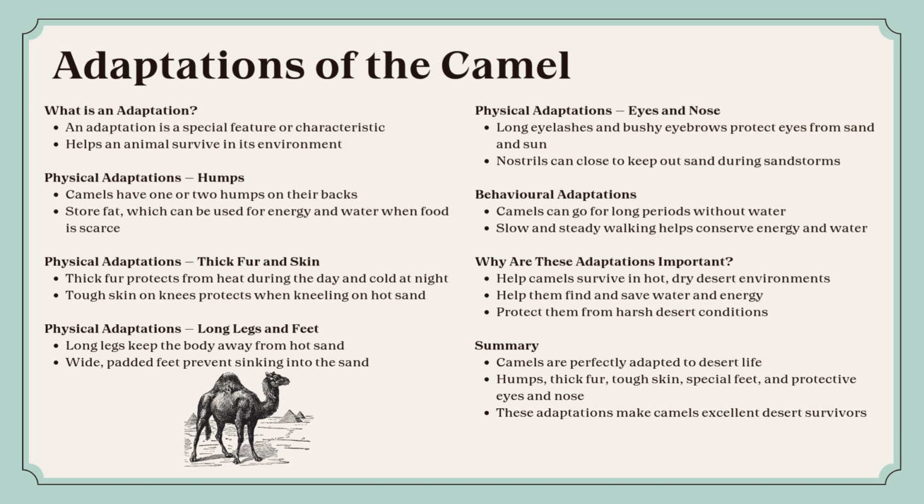A camel can go without water for days, even weeks. They walk slowly and carefully to save energy and water. All these incredible features, humps, strong legs, thick fur, amazing eyes, and nose are adaptations that help camels survive in deserts. So the next time you think deserts are too harsh, just remember a camel, the ultimate desert survivor.